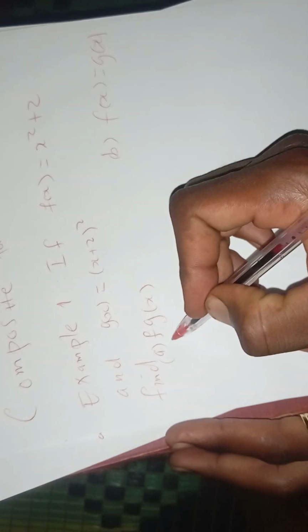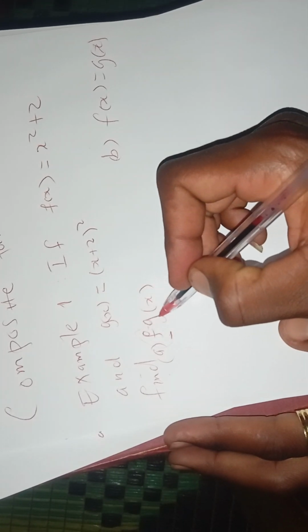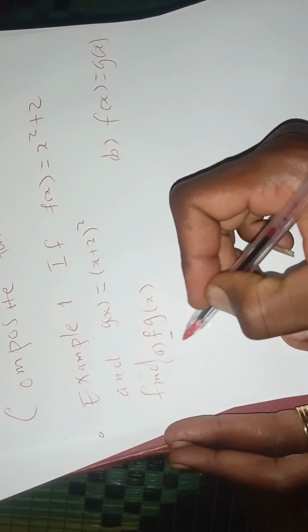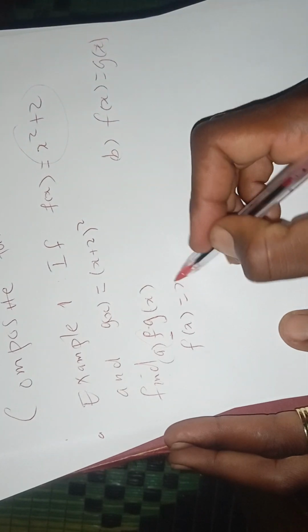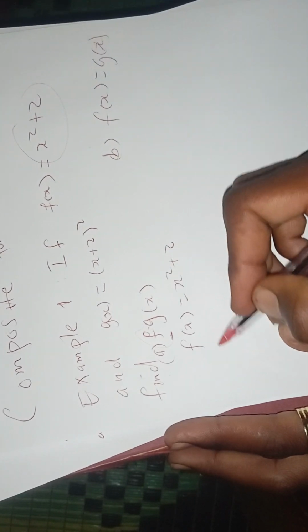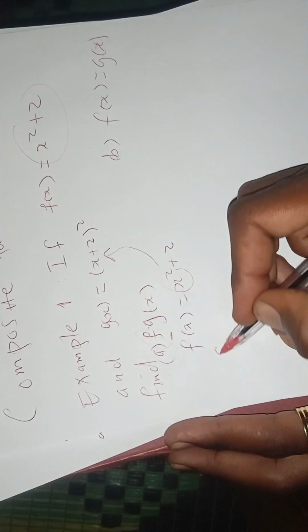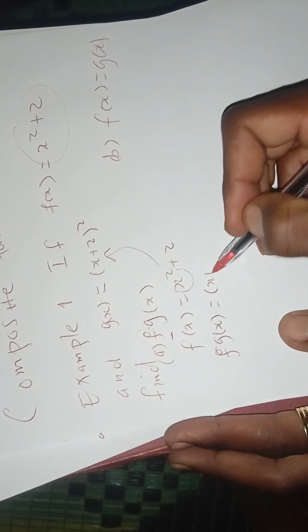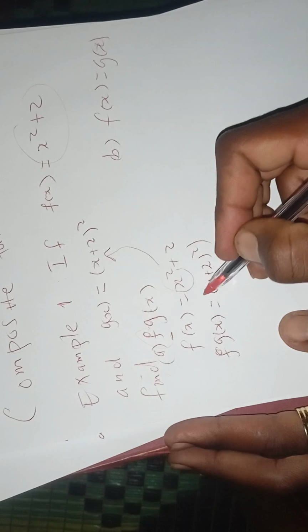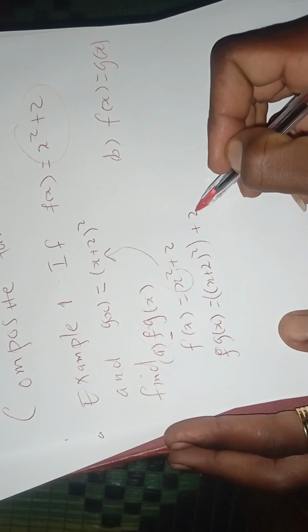Now to answer the first question, this means that we take the function f of x, and on its x value we substitute the function g of x. This gives us f of x is equal to x squared plus 2, and then on its x value we substitute the function g, which gives us f of g of x is equal to (x plus 2) squared and then plus 2.